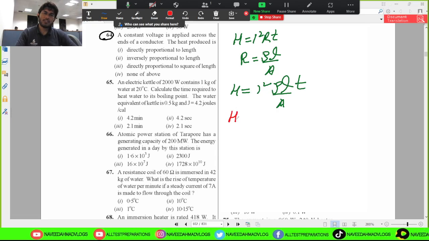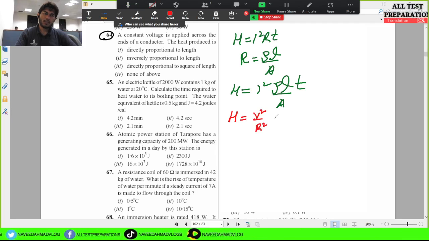I is equal to V divided by R, so this will be V square divided by R square.